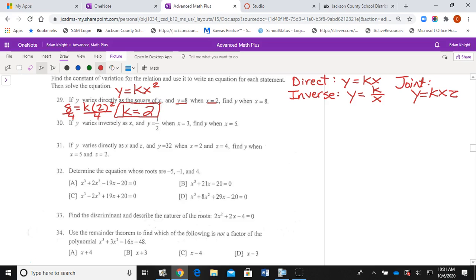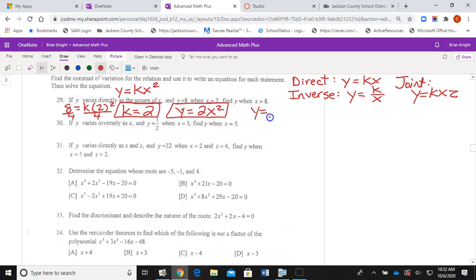K equals 2. Now it says to write an equation. So I just plug in k, right? So my equation is y equals 2x squared. That's my second answer. And then it wants to know find y when x is what? 8. So what do we do with the 8? Plug it in.